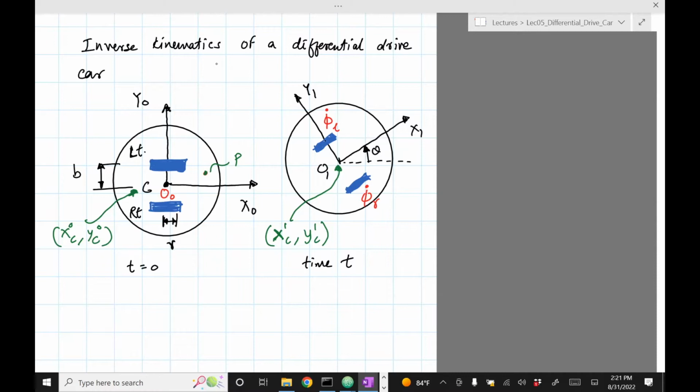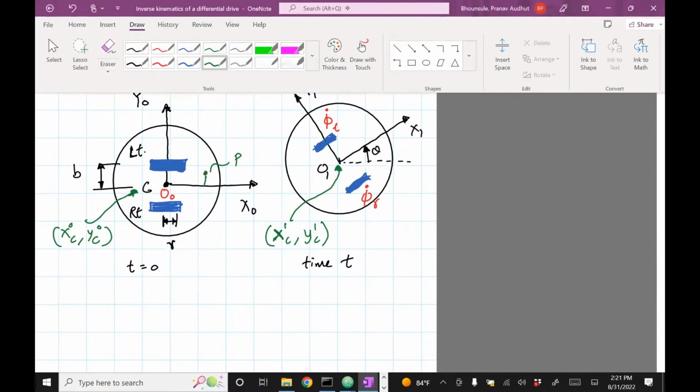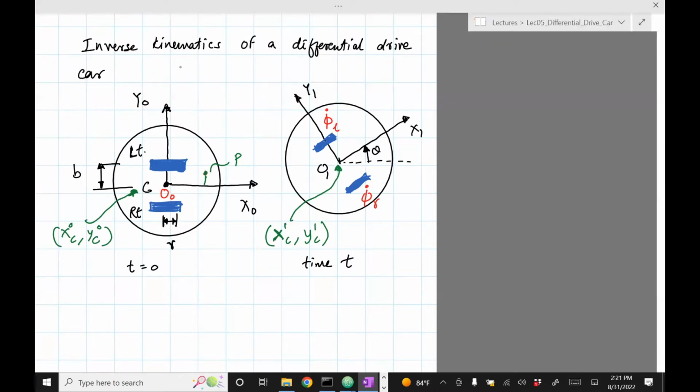So let's choose P to be at a distance along the y-axis, let's call that Py, and this distance along the x-axis, let's call that Px. Remember that this Px and Py will remain constant, but it will change with the frame. So when this car goes here, this is still P, but its distance is still Py and Px.